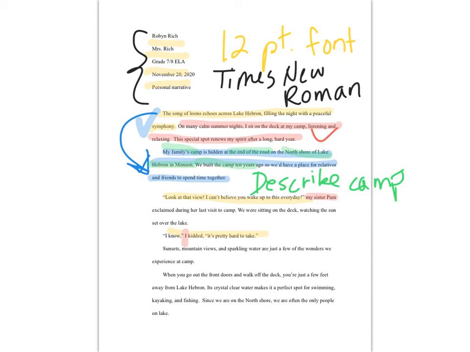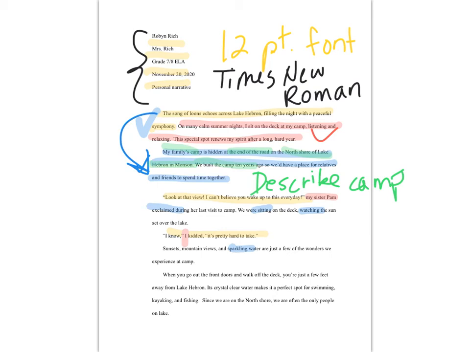The other thing we're looking for is, did I use any kind of active verbs or adjectives? So here we have sparkling water. I used the verb exclaimed instead of said. Sitting, watching, those are active verbs.